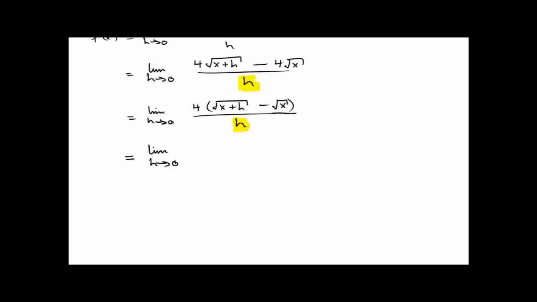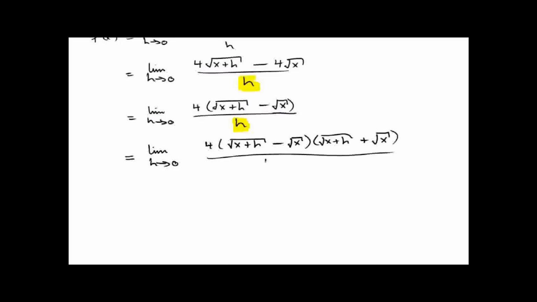Okay? But remember, if you multiply the top by that, you've also got to multiply the bottom by that to keep the account balanced. Okay? So that's going to be the limit as h goes to 0 of 4 multiplied by root x plus h minus root x multiplied by root x plus h plus root x, the conjugate of the top, divided by h and also root x plus h plus root x.